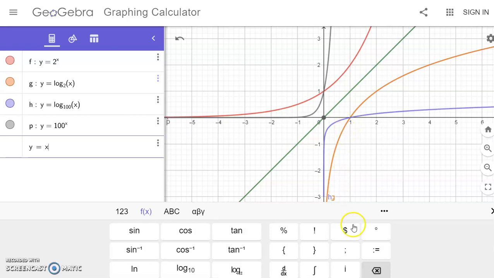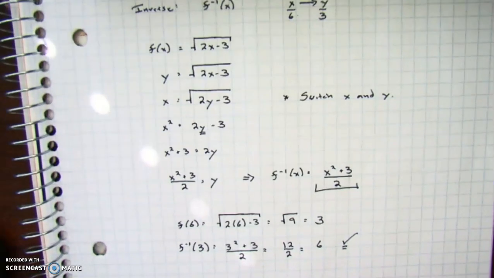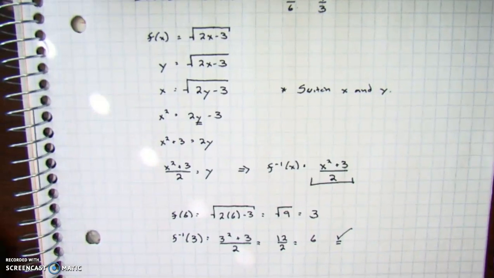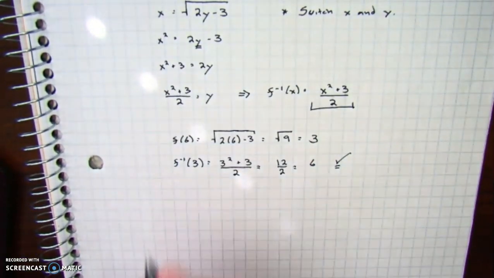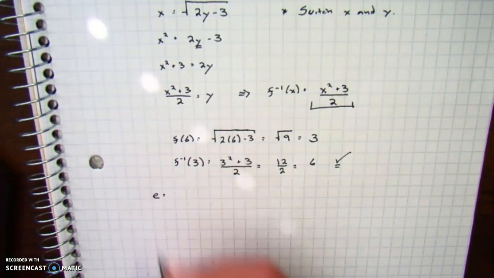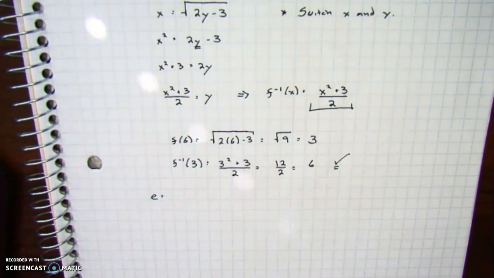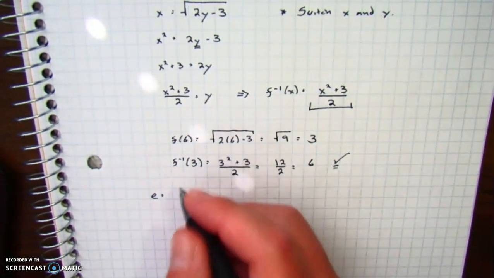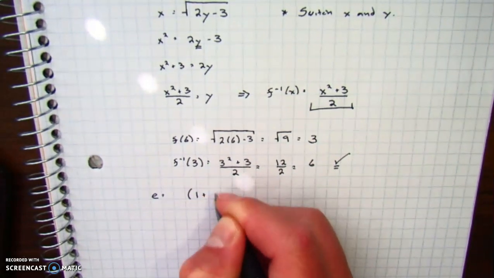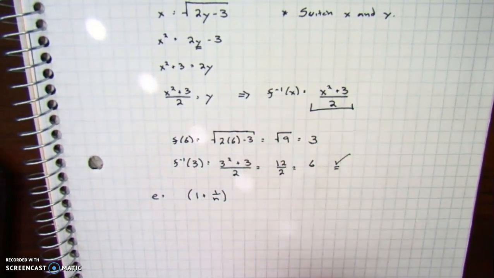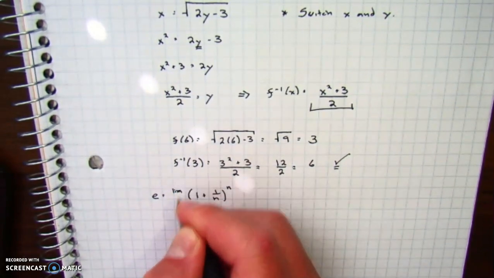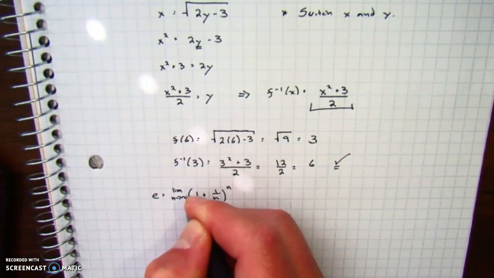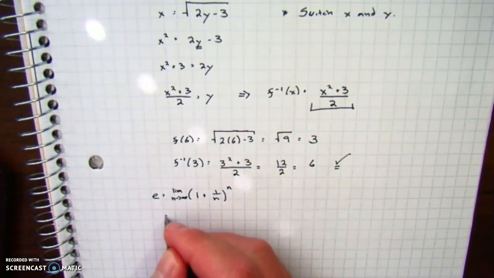One last thing that I want to cover in this chapter. It's not going to take up much room. We're going to look at the constant e, and I just want to go over real fast what exactly it is, because it's kind of cool, right? It's going to be (1 plus 1 over n) to the n, and we take the limit as n approaches infinity.